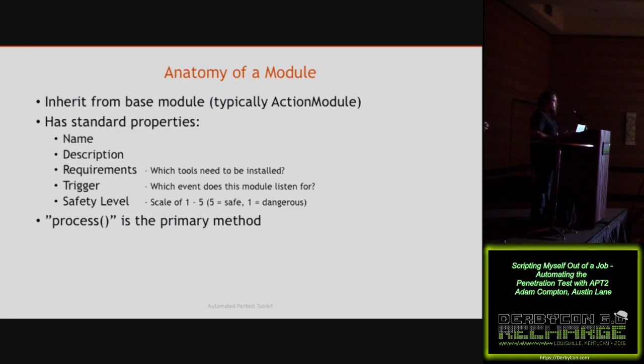So if you're trying to make a Dirbuster module, you would say the requirements is Dirb, and then when APT2 is run, it'll load up this module and try to execute that and see if that's actually existing on the system. If it's not, you get a warning at the beginning saying, hey, you're missing this. You might want to go install it if you are planning on running this module during the test.